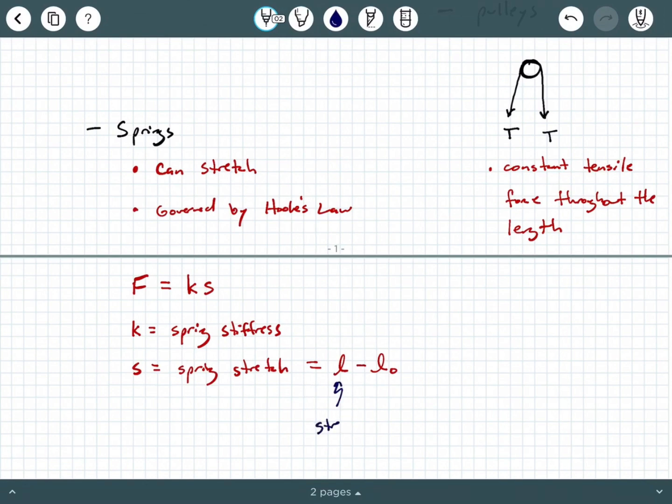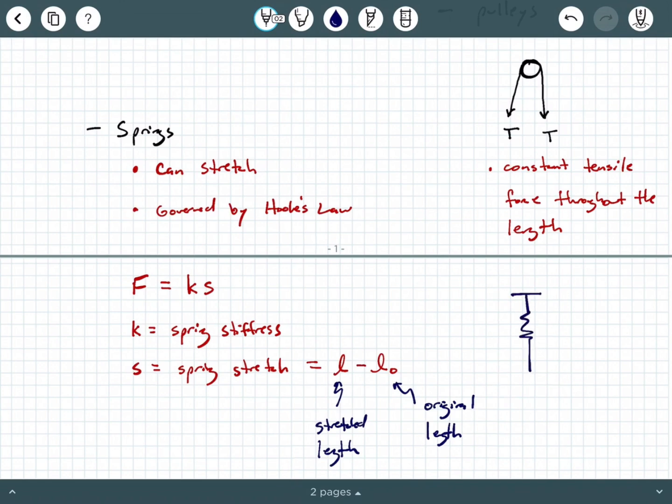Okay, so I'll put a note here. This is the stretched length, and this right here is the original length of the spring.